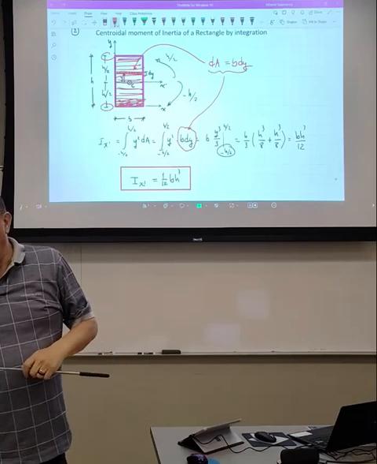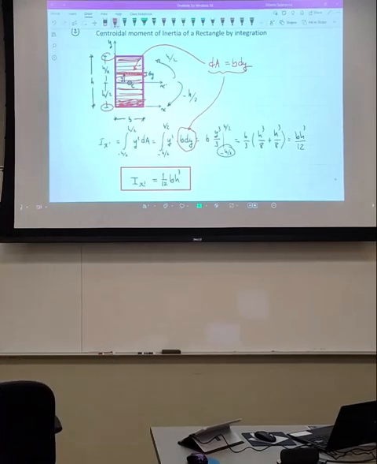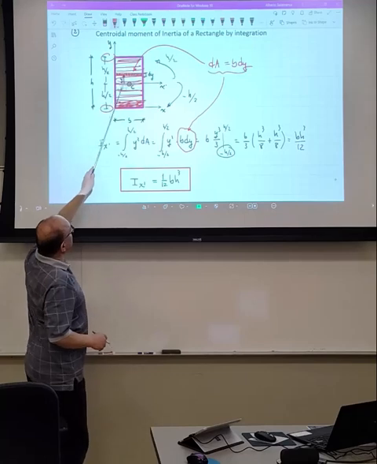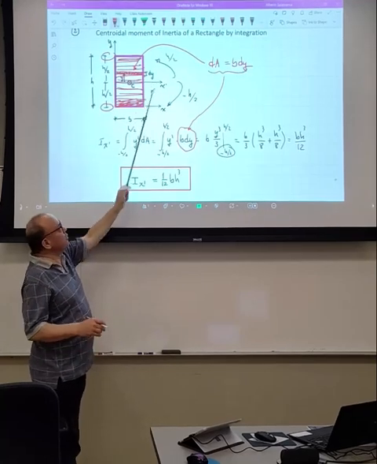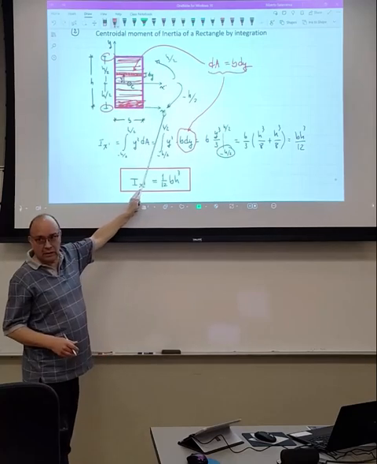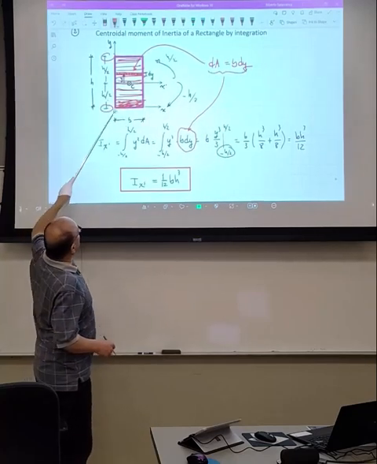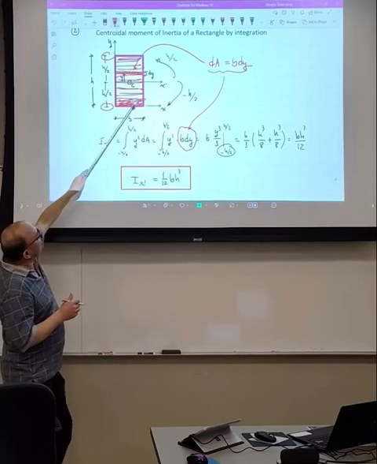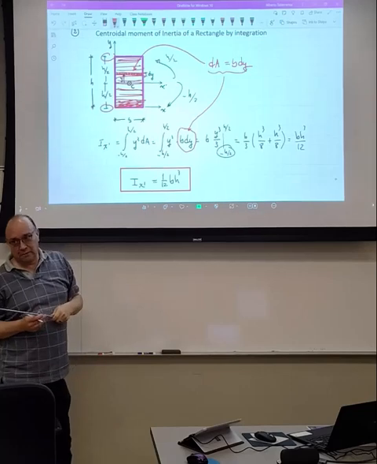Why couldn't you just do 0 to h, like the last example? Because we are calculating the moment of inertia with respect to this axis. In the previous problem, we were calculating the moment of inertia with respect to that axis. This is the axis with respect to which you measure the y coordinate.